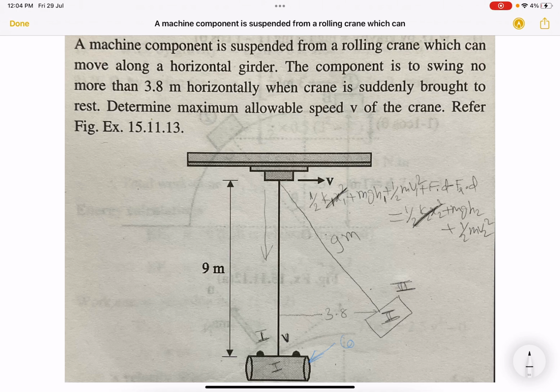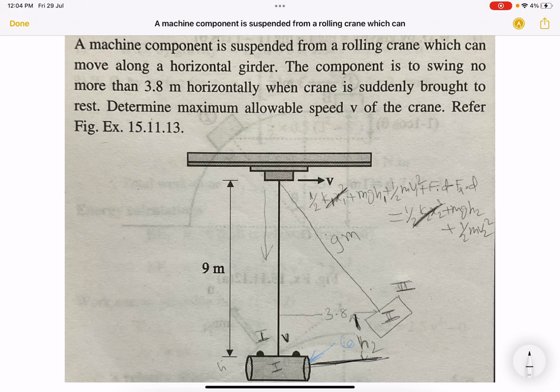If we choose this as the datum, then the potential energy at 1 is 0. To find the potential energy at 2, we have to find this distance. I'll call this h or h2, right? So when the component is at position 1, that's the datum.